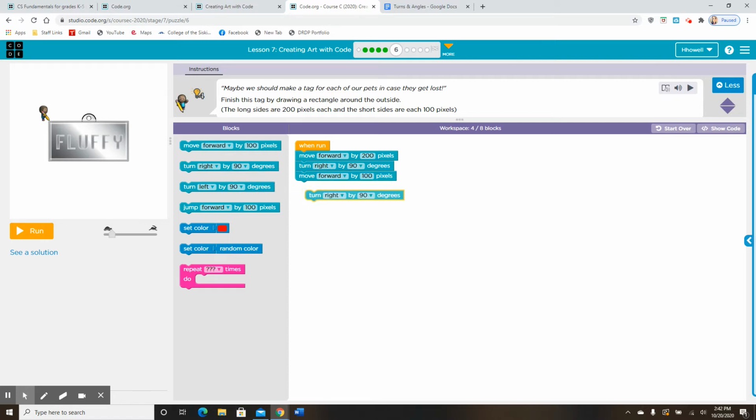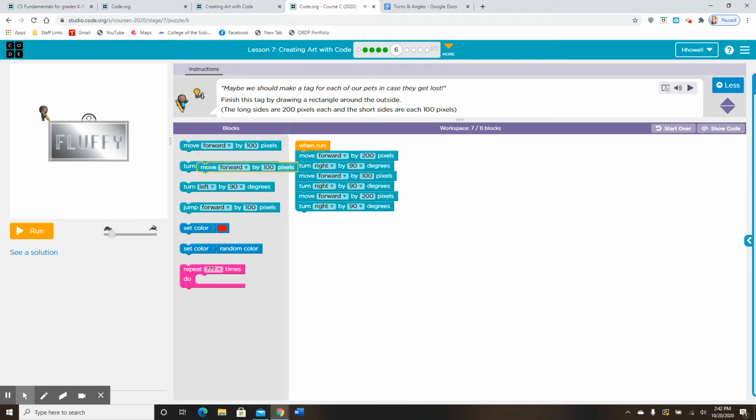And then I'm going to turn right again. And I'm back at the long side. So what was my long side? Right, 200. Okay, then we're going to turn right again. Well, if I can snap it on.